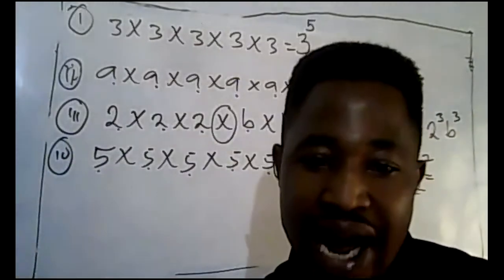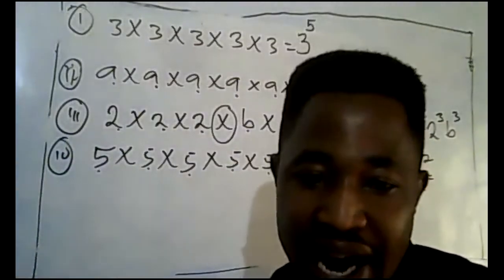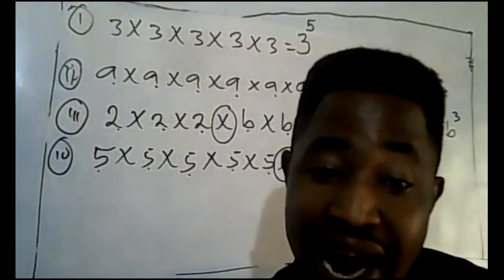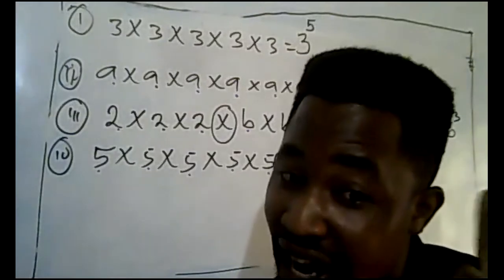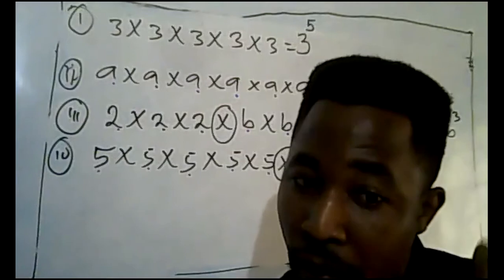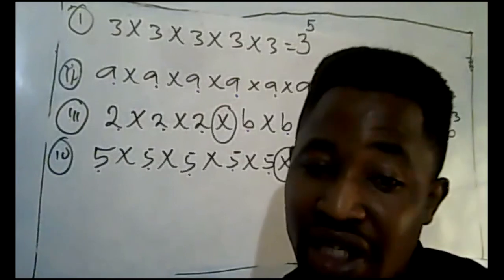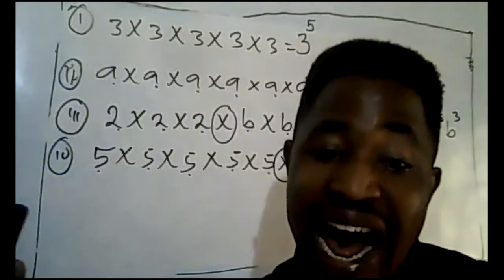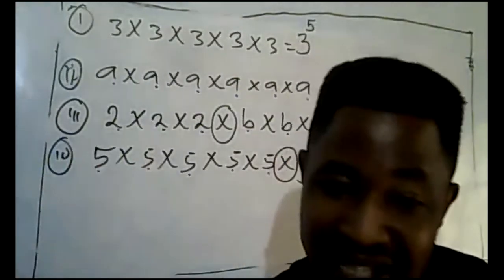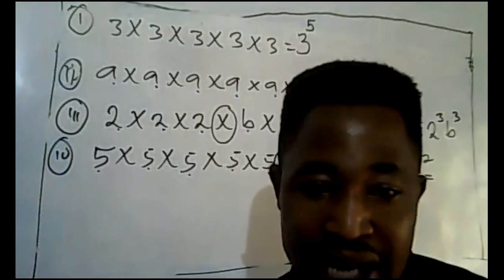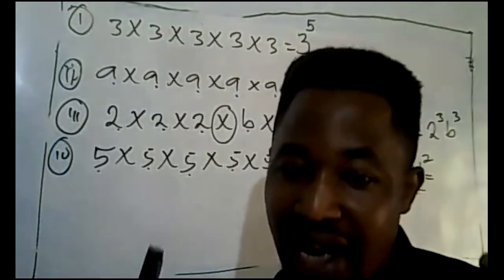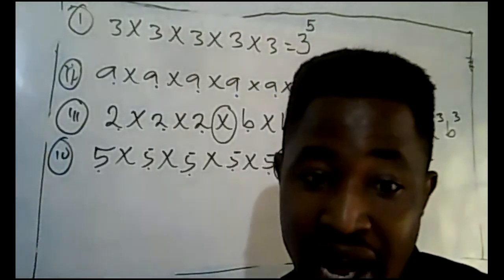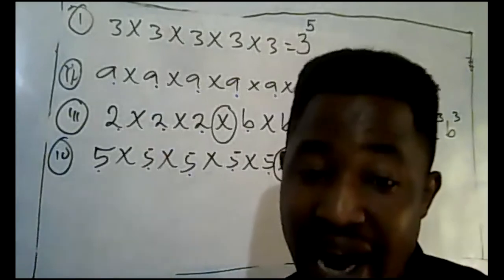For instance, A times B is AB, but A plus B is not AB. It is only multiplication that has the power to bring 2 different items and bind them together. So A times B is AB.